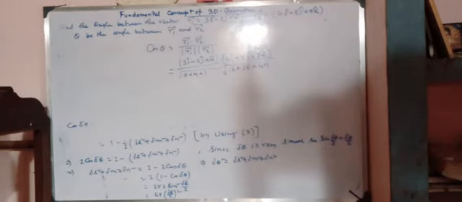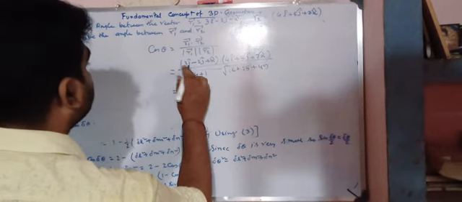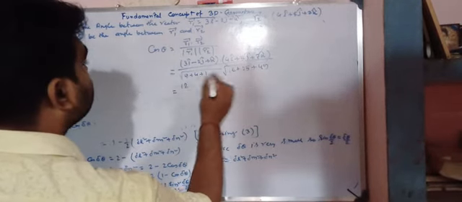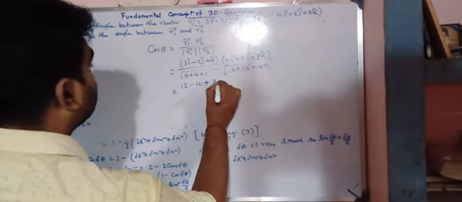If we calculate it, 3 into 4 is 12, minus 2 into 5 is minus 10, plus 7.